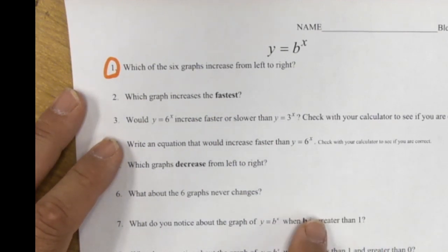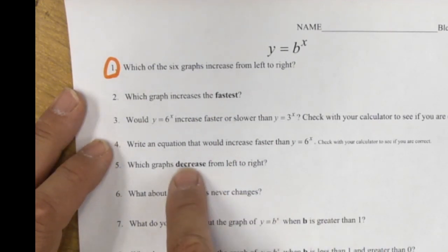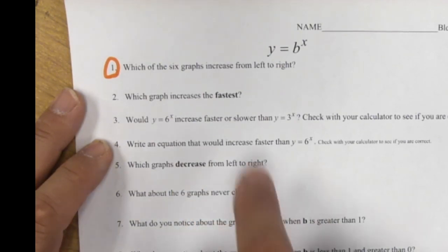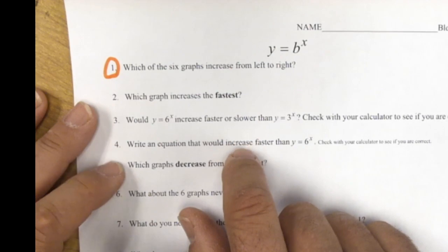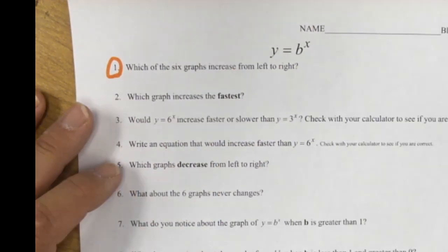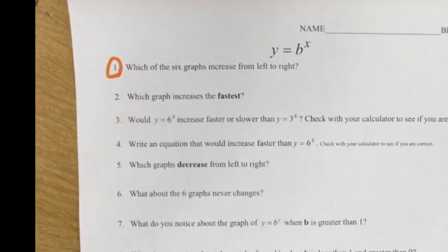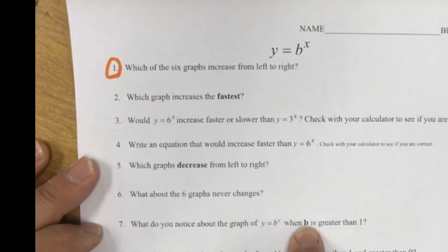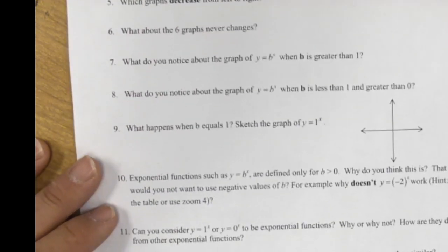You have to have all those graphs so you can find which graphs decrease and which graphs increase. Okay? So when you're looking for those, make sure you double check your graphs. Make sure they're correct. And b is greater than 1, you're looking at, oh yeah, when is that letter right there? When that number is bigger than 1, what happens? That's what you're looking for in all these guys.